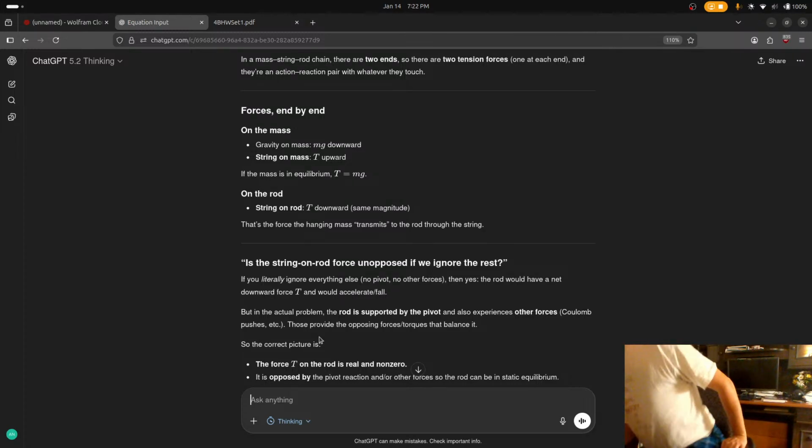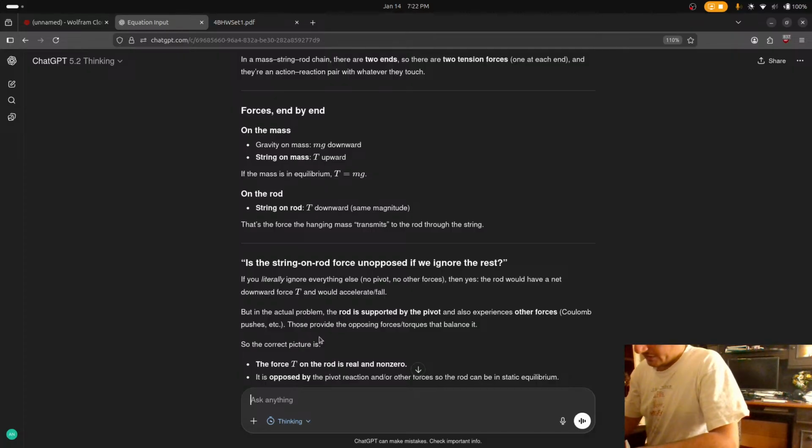Okay, so let's do this. The force due to the tension is going to be equal to 0, minus mg, 0. Let's just do it as normal electric charges.